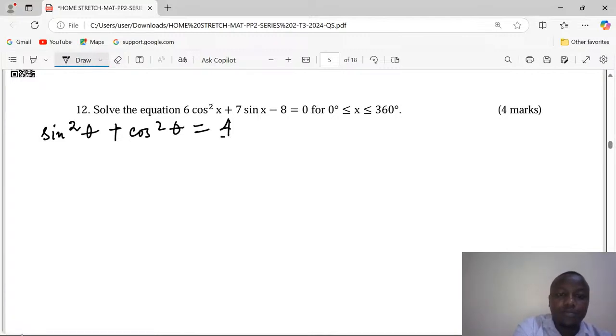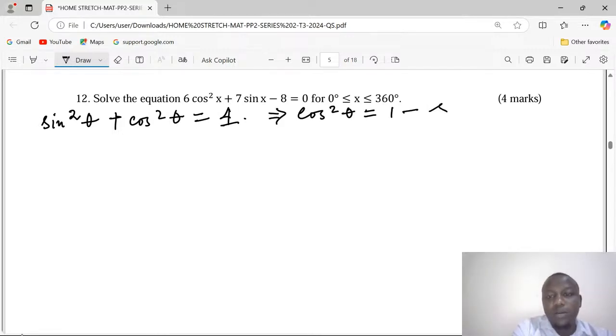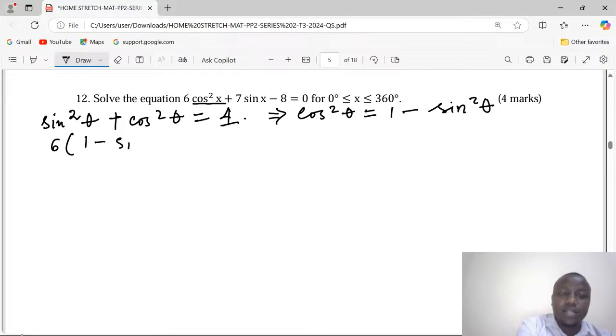So applying this concept now, the cosine squared of theta is equivalent to 1 minus the sine squared of theta. So we replace it at this point and say this is 6 times 1 minus the sine squared of x instead of cosine squared of x.